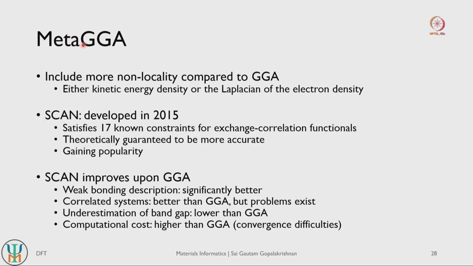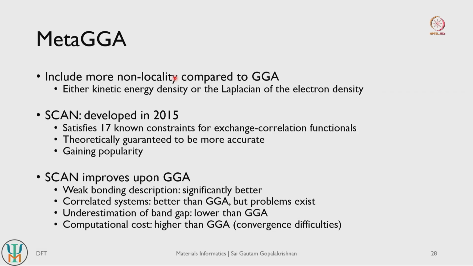So in meta GGA we basically try to include even more non-locality, right. So the idea is that if you take into account more and more information about how the electron density can vary across a wide region of space, you basically can approximate how the electron density is varying at a given point in space. So electron density at a given point in space may depend on how the density itself is varying across a wider region of space, right.